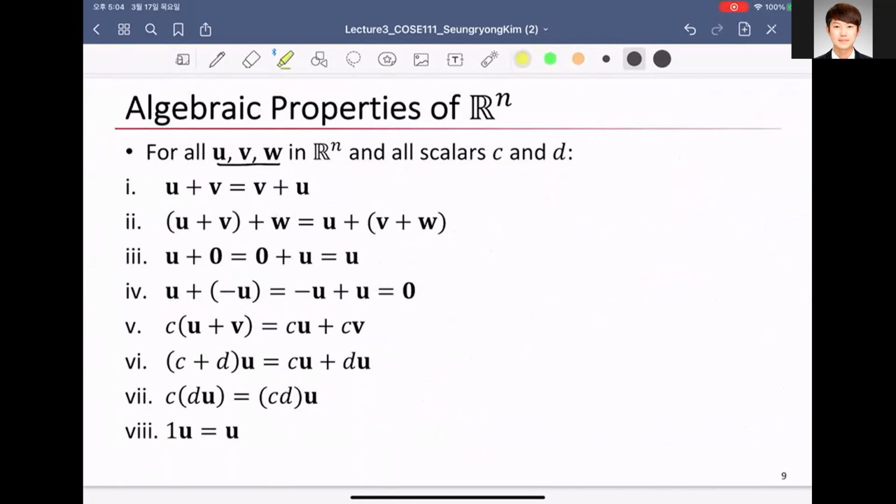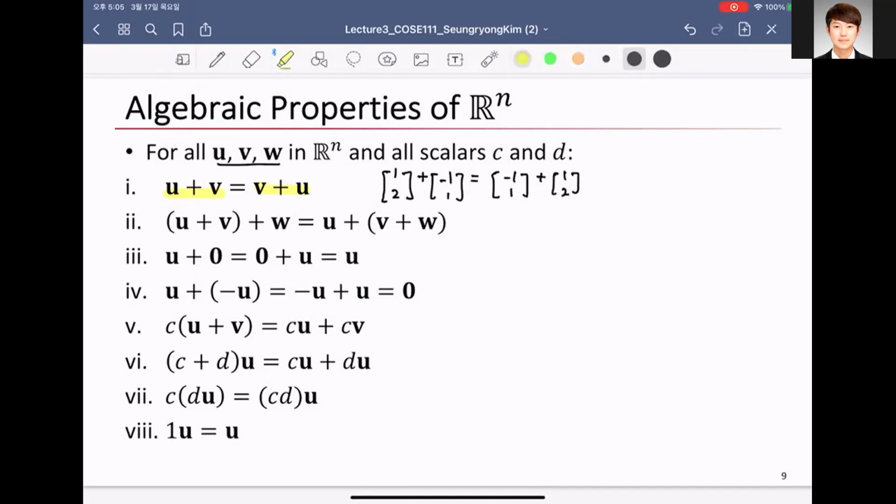In other words, vector arithmetic properties are almost the same as scalar algebraic properties. First of all, vector u plus vector v is equal to v plus u. You can easily prove this. For example, the vector 1, 2 plus negative 1, 1 is equal to negative 1, 1 plus 1, 2. It's very easy, right?